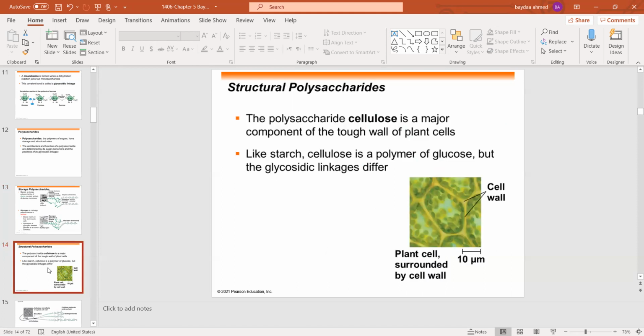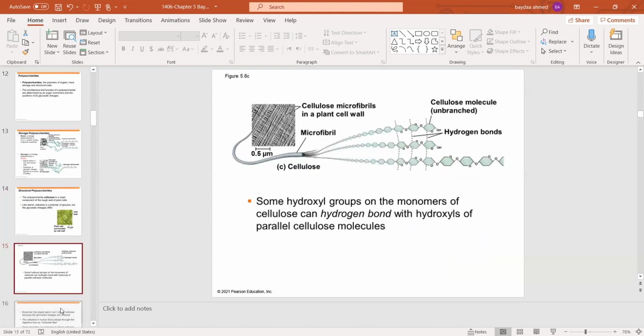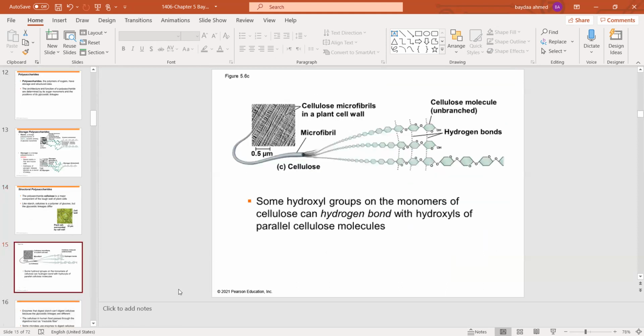Cellulose is never branched. Let's see here in the plant cell wall. The parallel cellulose molecules are arranged together in this way into units called microfibrils.